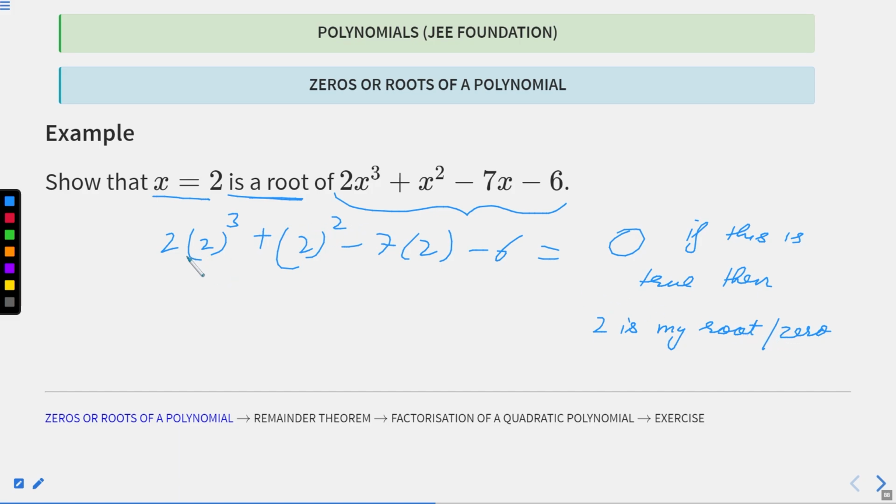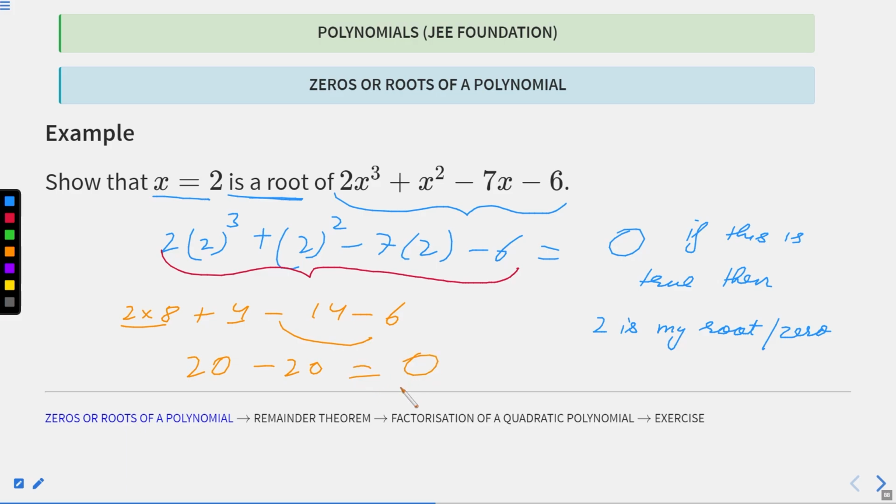Let's see whether this expression is really equal to 0 or not. So 2 cube is just 8, 2 square is just 4, and this will be 14, and minus 16, and this will give me minus 20. 8 times 2 is 16, 16 plus 4 is 20, so 20 minus 20 will give me 0.